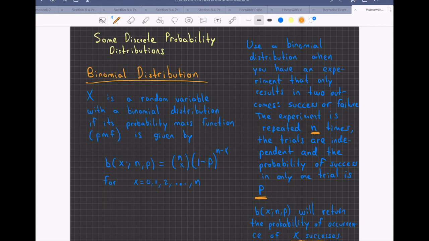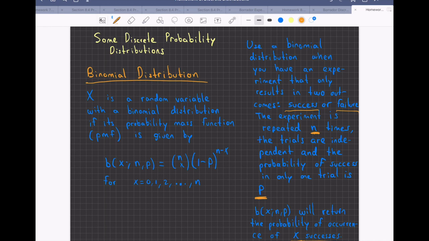So the binomial distribution essentially is: you have one experiment that has only two outcomes, success or failure. You repeat the experiment a finite number of times, n times, and we are assuming that from one trial to another there is independence. What is the meaning of that?